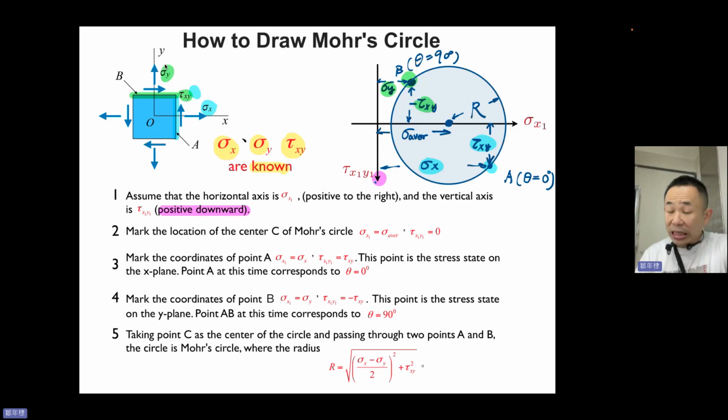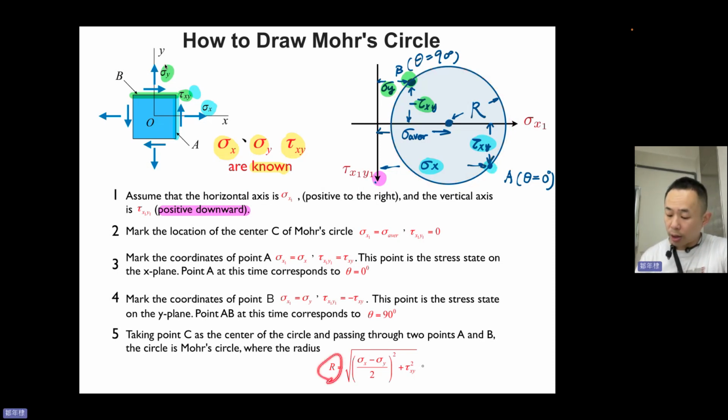Because we talk about plane stress, the plane stress has sigma x1 and tau x1y1, with the horizontal axis being the sigma x1 axis. Sigma x1 equal to sigma average is the center, and you can set the origin of the Mohr circle there.